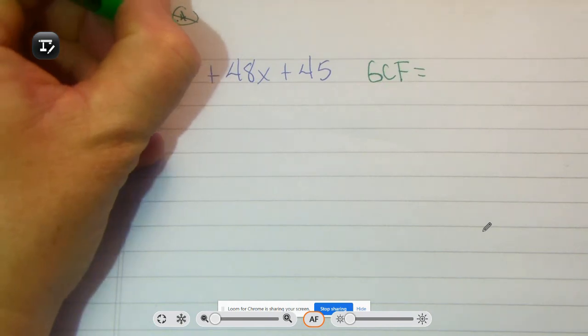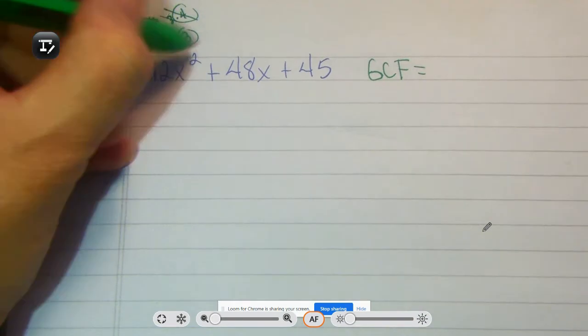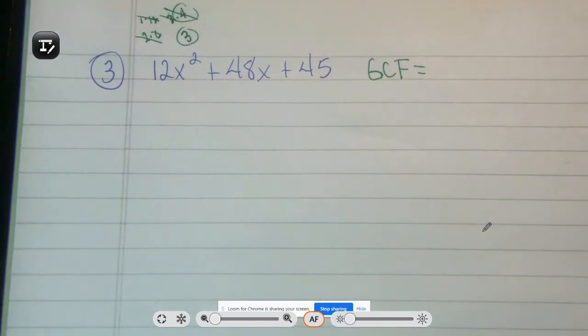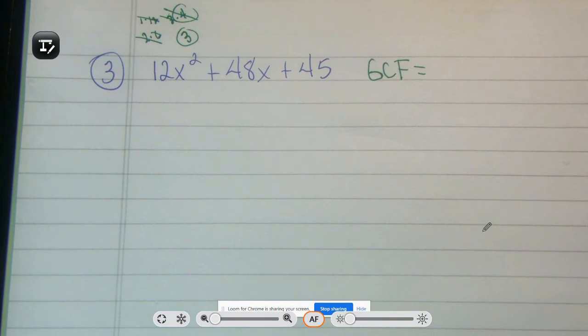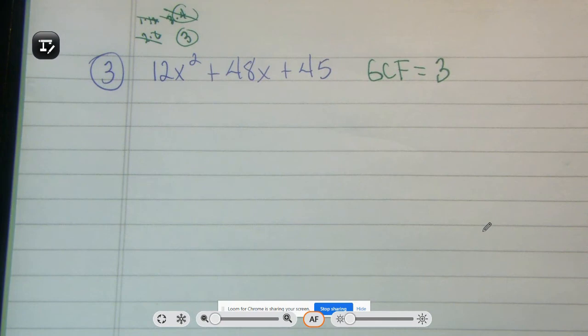So what about 3? Because 3 times 4 is 12. So will 12 and 48 and 45 divide by 3? Well, I know 12 divides by 3, and 48, if I divide it by 3, I get 16. And 45, if I divide it by 3, I get 15. So my GCF then here has to be 3.